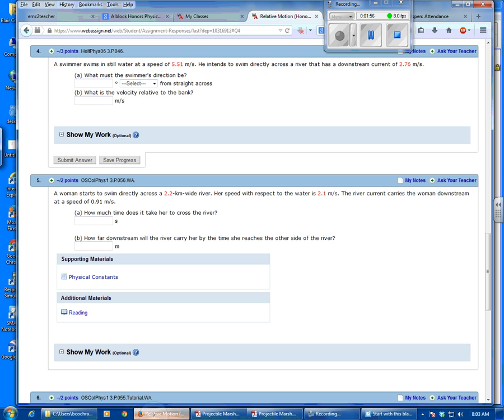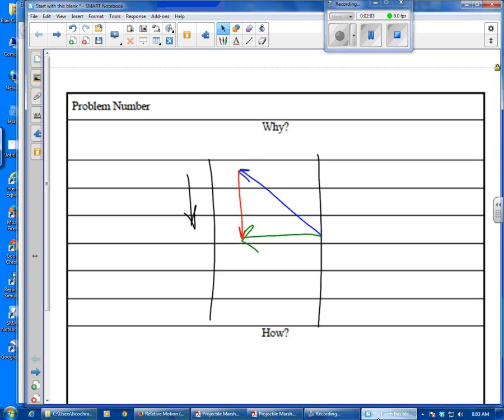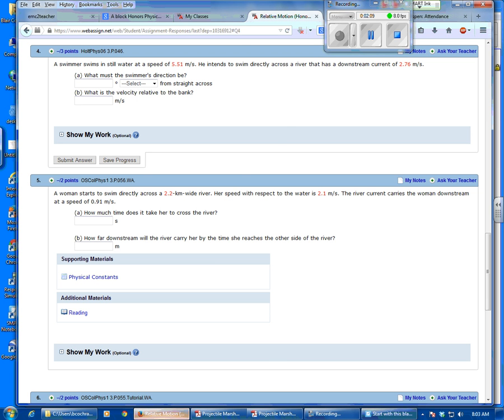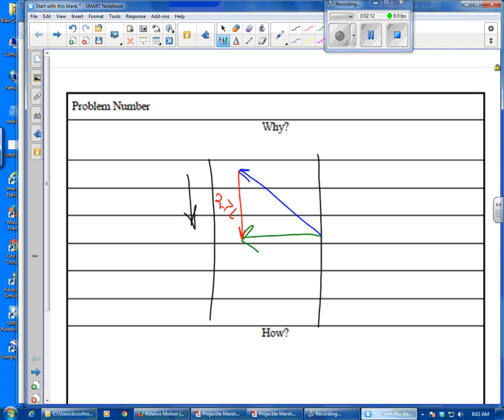And let's see, the current is 2.76. So that means this red is 2.76 meters a second.